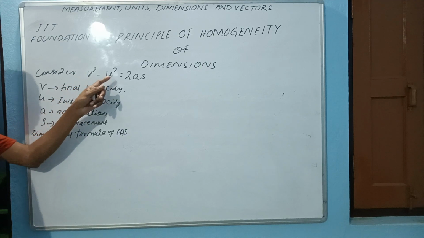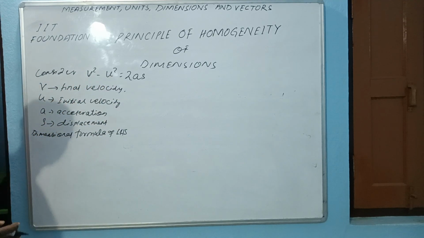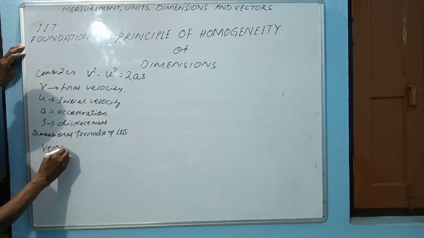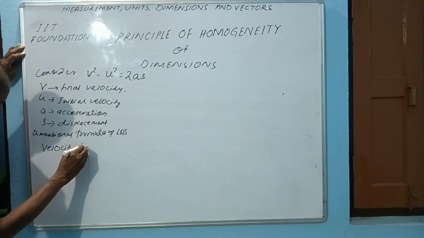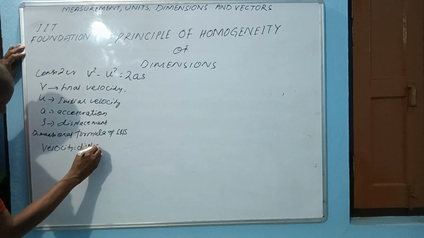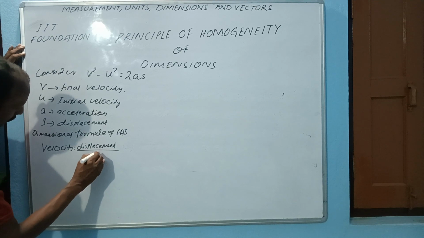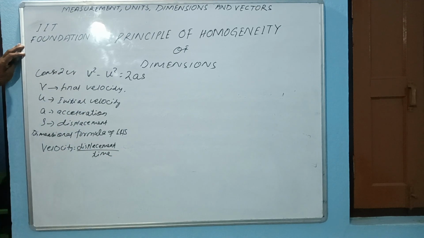Square of the final velocity minus square of the initial velocity. So velocity, what can I write? Velocity is equal to displacement upon time.